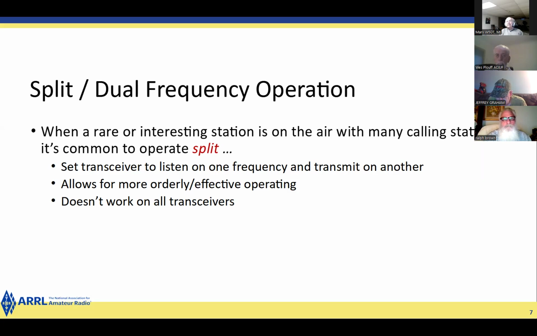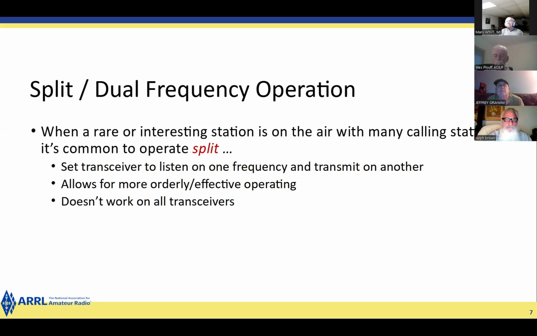And there's a lot of interference, often quite a bit of deliberate interference, what we call QRM. Unfortunately, people will deliberately interfere, especially for what we might call rare contacts.